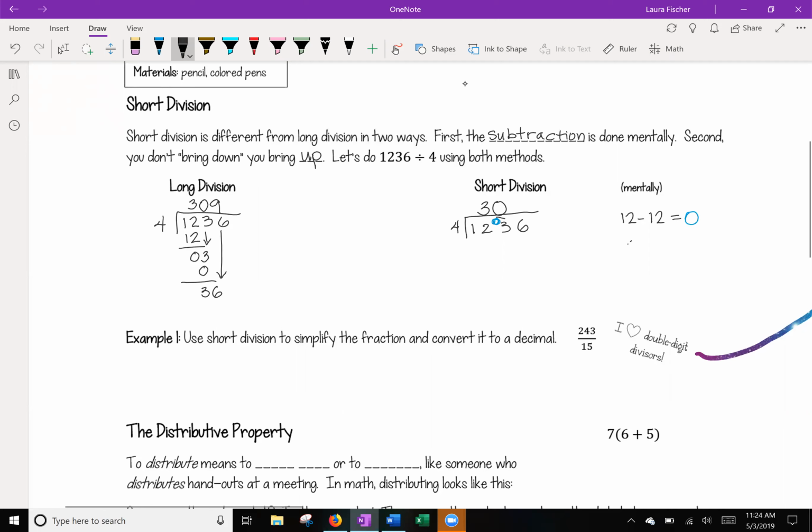Okay, so 3 minus 0. We're doing that subtraction in our head. And instead of bringing down the 6 like we did over here, we're going to bring up the 3, which was the result of the subtraction. 4 goes into 36 9 times.